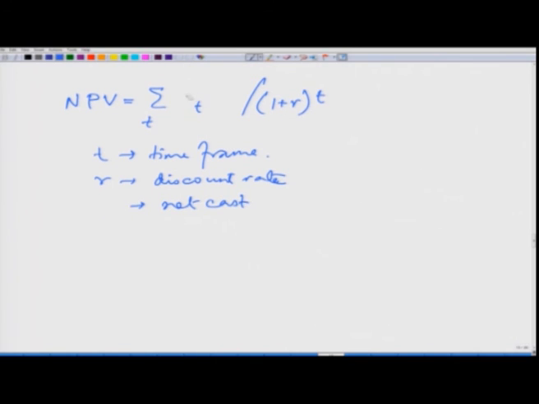I will keep it as NB_t, net benefit at time t. Based on the discounting rate it will be adjusted, and that is how we estimate the net present value for a particular project.